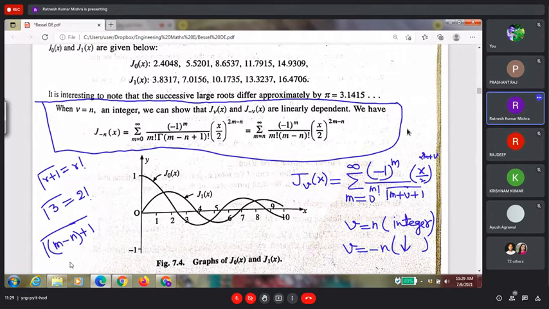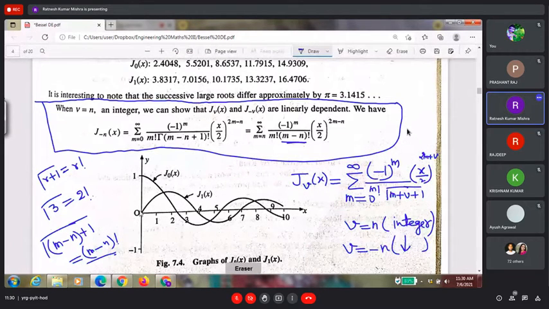Suppose this is r. So factorial r means m minus n factorial. So when you write gamma in terms of factorial, if you start m equal to 0, then 0 minus n, negative, is not defined in the factorial.